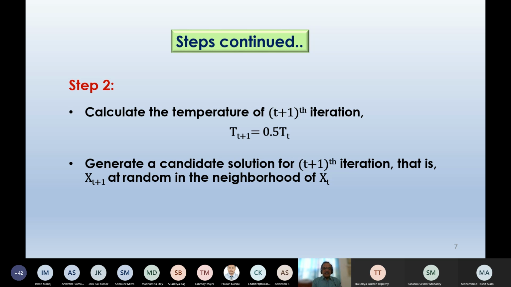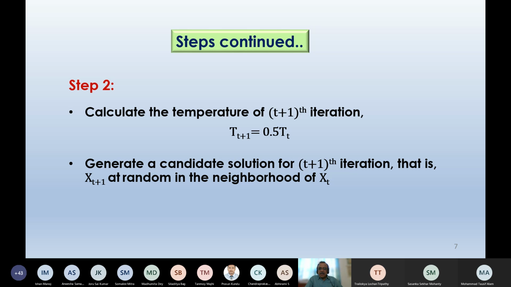Now in the second iteration, we are going to reduce the temperature, because this is a cooling process, and due to this cooling, the temperature of the molten metal is going to be reduced. We try to reduce the temperature to 50% in the next iteration. I can also reduce it to 40% or 60%.